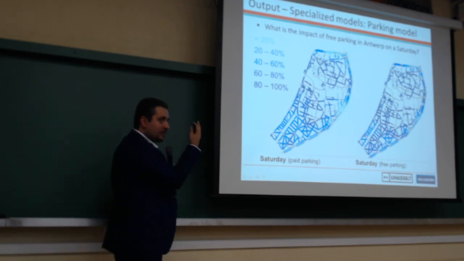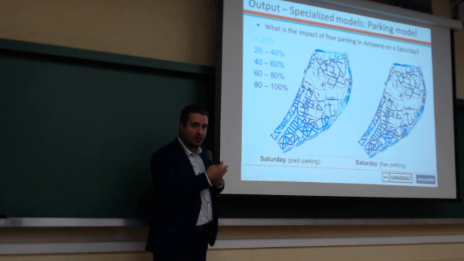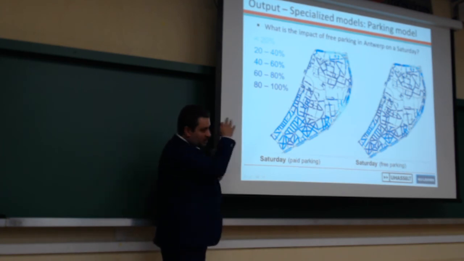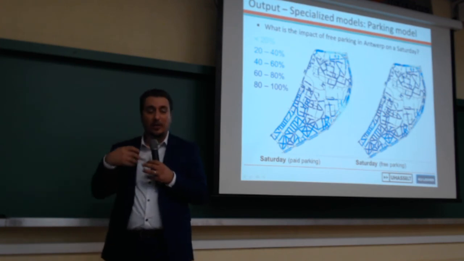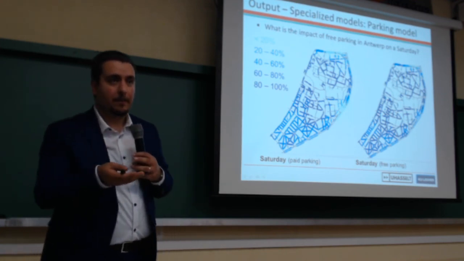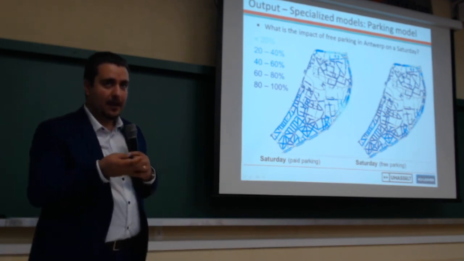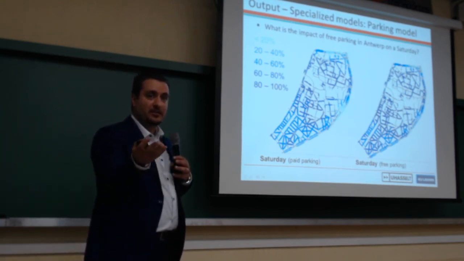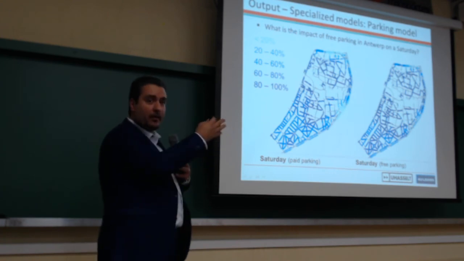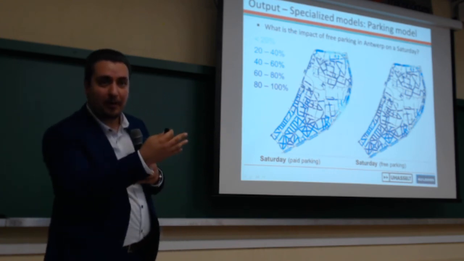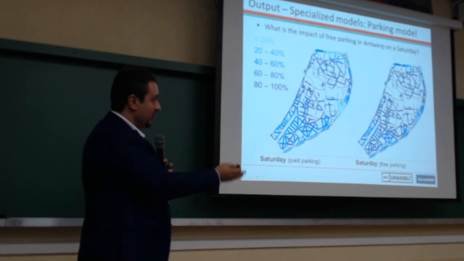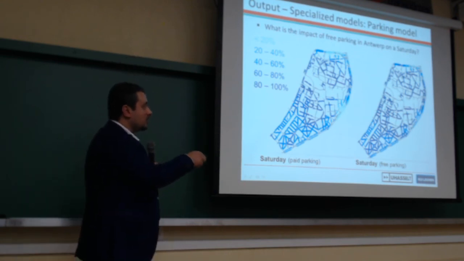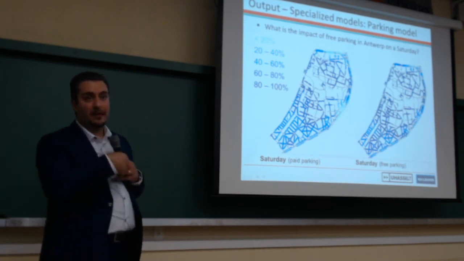This is yet another example of how feathers can be used to see, if such a scenario is going to be implemented, what the potential impacts are, and it lets the decision makers decide whether to go for a free parking Saturday or stick to the situation before, or if they see that there is too much traffic, they may even increase it.